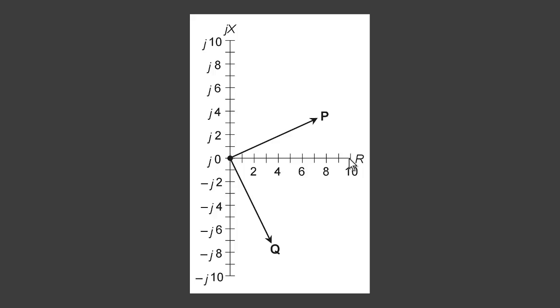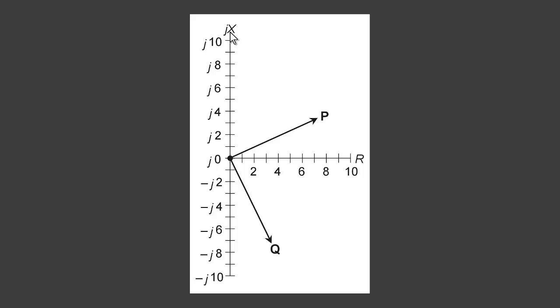Resistance we can plot on the horizontal axis of a graph going towards the right, only towards the right, because resistance is never negative. That's what R stands for, resistance. Real number values. The reactance we plot at a right angle to that on a vertical axis.